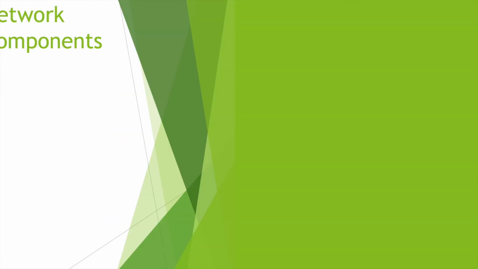To get to the destination, as I mentioned, there are some rules, some paths, and some components involved. So let's discuss those network components, the network equipment, and what exactly their roles are in today's lecture.